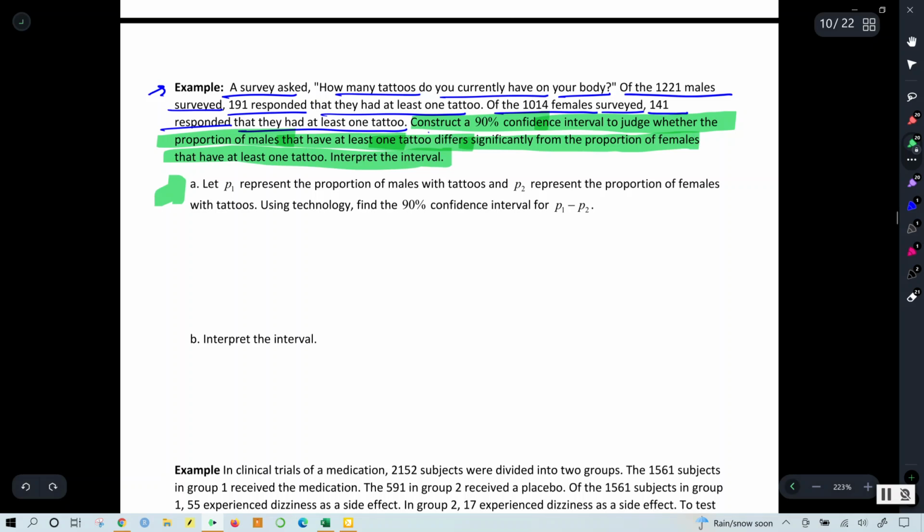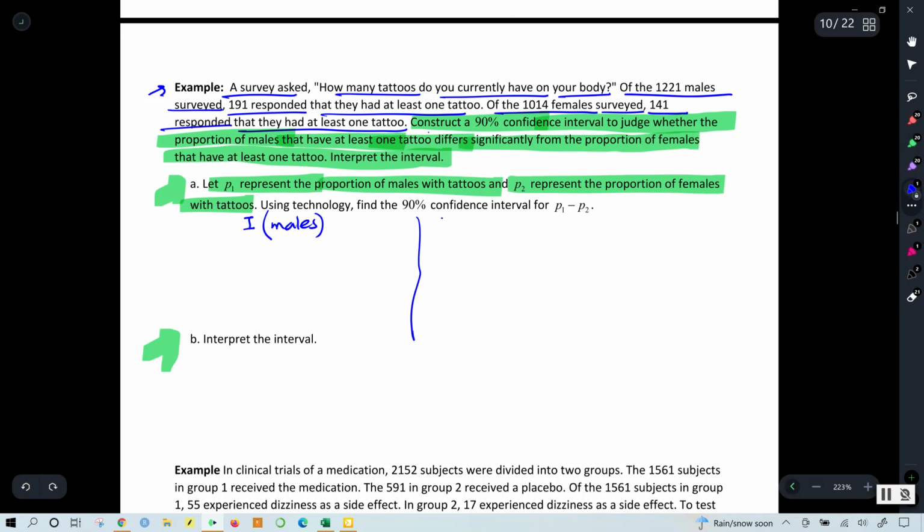In part A, this is a breakdown of the requirements of the problem. We will let P1 represent the proportion of males with tattoos and P2 be the proportion of females with tattoos. If that is so, population 1 is for males and population 2 for females.